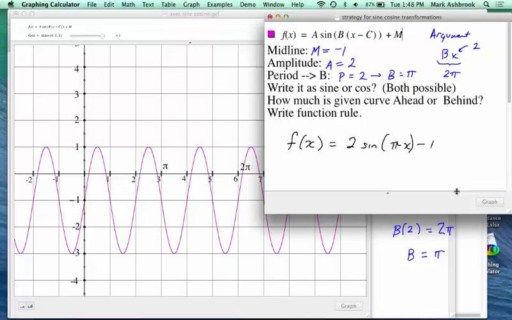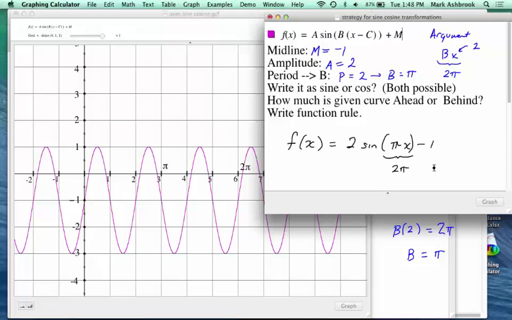What do you think? Agree with that? Midline's at -1, amplitude is 2. And if we had the value of x that would make this 2 pi, it is what? 2. And then we know that's right because that's our period, right?